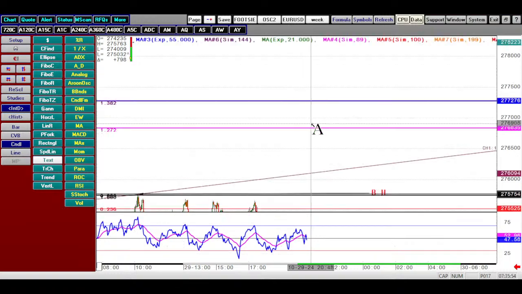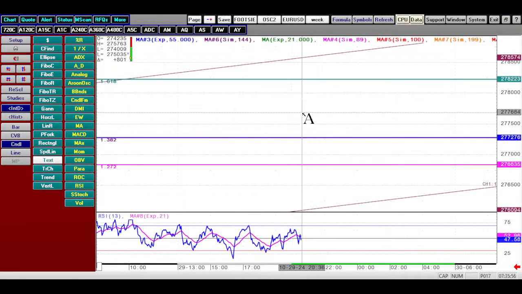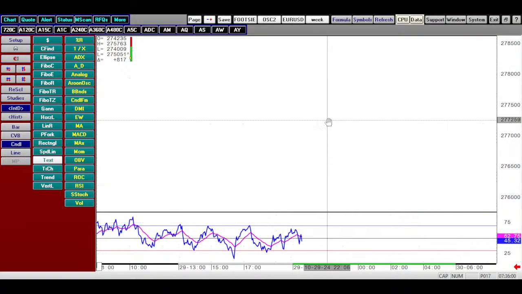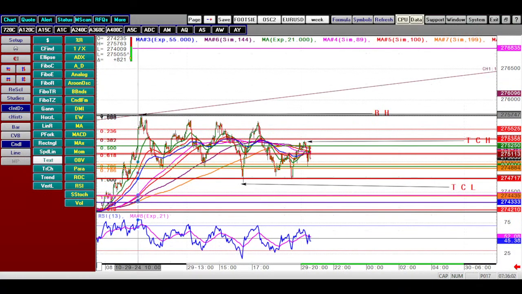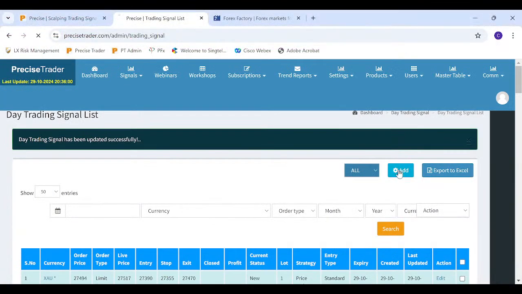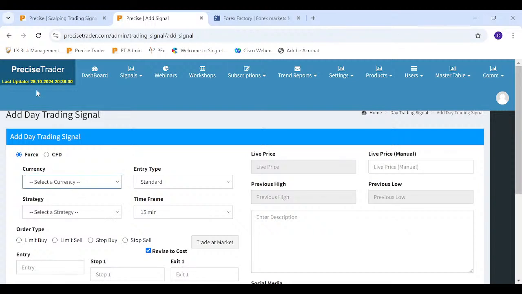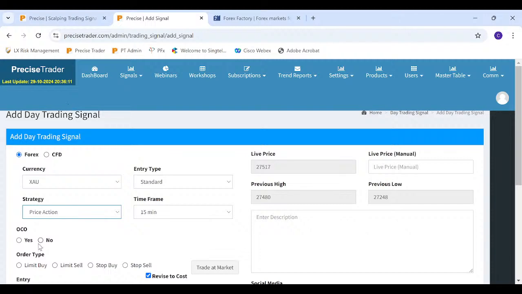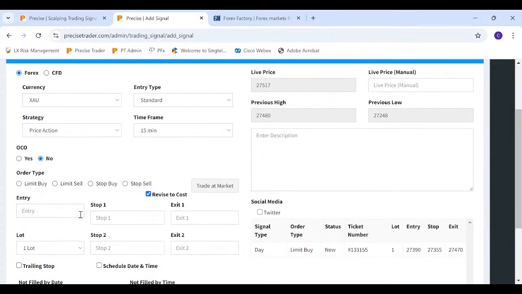72 and 82. Okay, we have 3 different targets. So what we are going to do is give you a stop buy order. Okay, stop buy order, and this is in the event that our buy order is not filled.